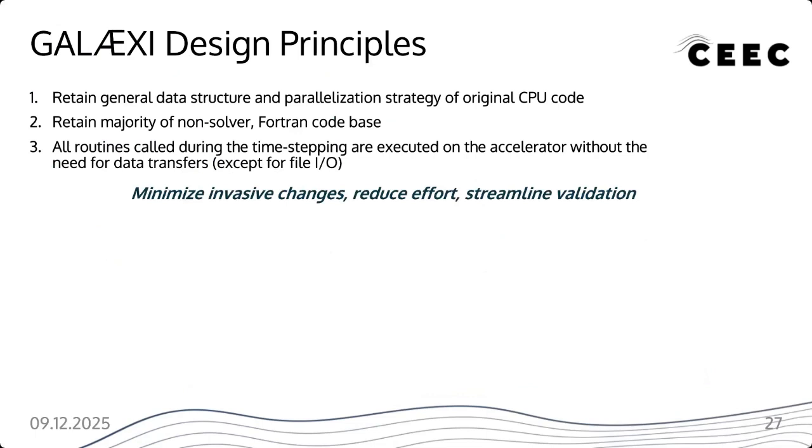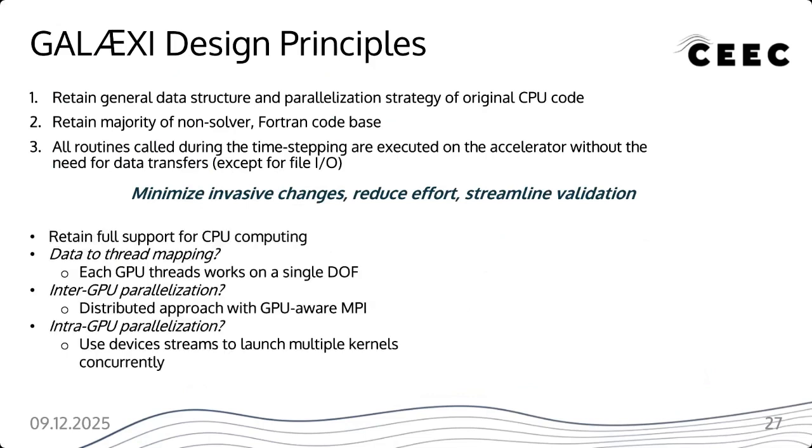All of the IO, all of the initialization, all of the finalization is going to run on the CPU and stay in Fortran, and everything that is doing the real number crunching is going to be C++ code that runs on the GPU.